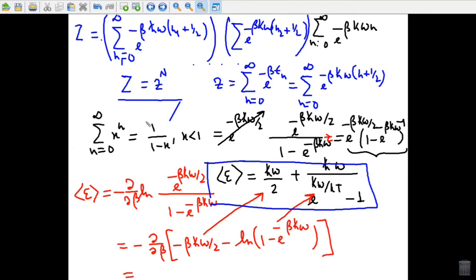So this is reduced to calculating the partition function of a single oscillator, which is nothing more than the summation of a geometric series.